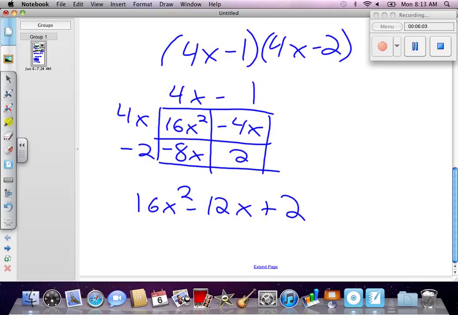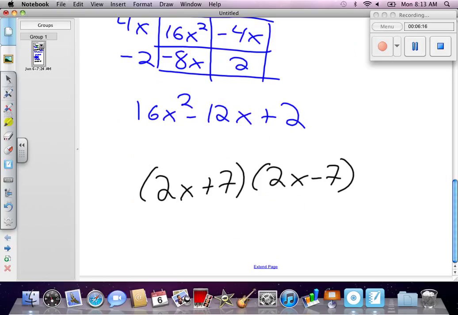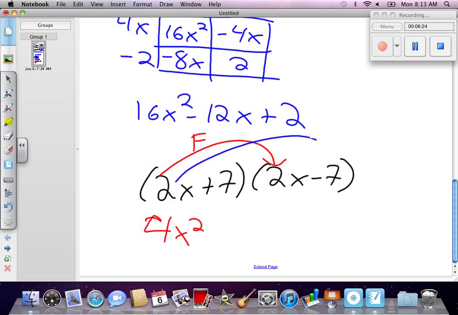All right, we're going to do 45. Since we did that one by the table method, I'll do this one by foiling. First, I'm going to do first, which is 4x squared. Then I'm going to do outside, negative 14x.